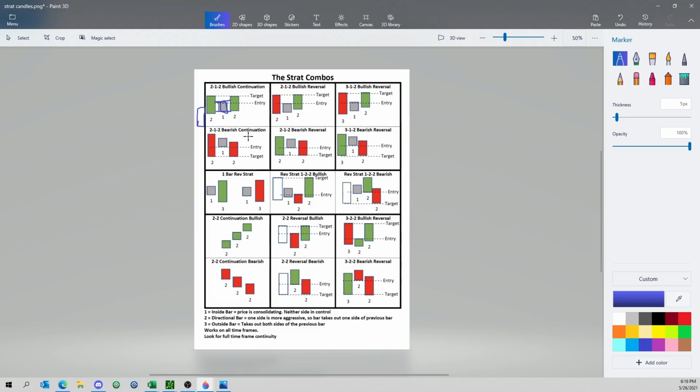If you have a continuation into full time frame continuity, those are some of my favorite plays. And all of these are the same. The chart's in there so you guys can get an idea of what's going on. Continuations, 2-2-2. And then that's that. So now we will look at a chart.